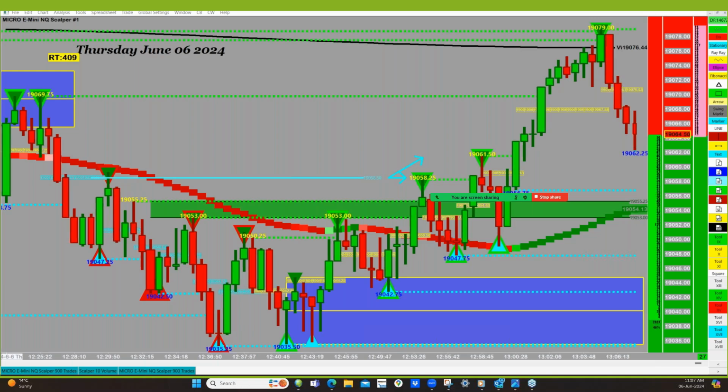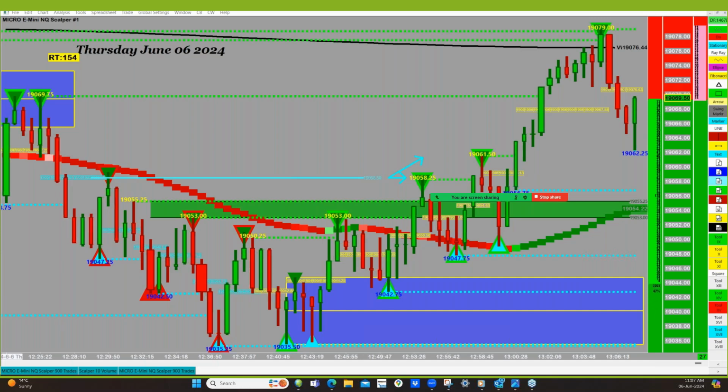Okay, so what I want to do here is go to a simpler chart and just show you the setup. Now, the simplicity of this is any platform. So for instance, this is a Sierra chart.